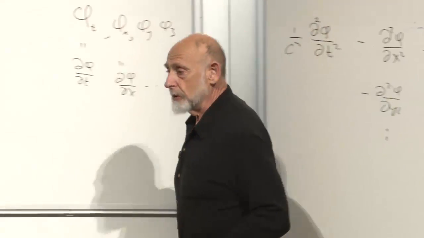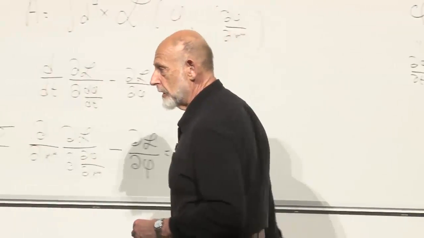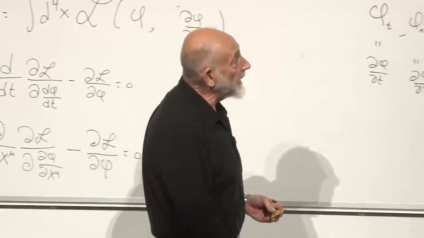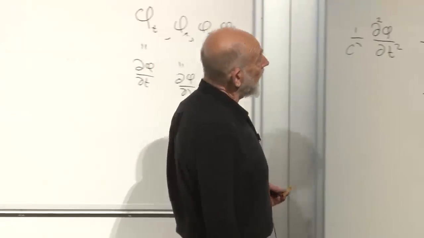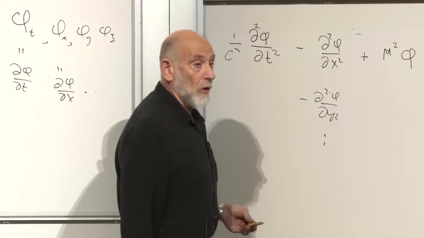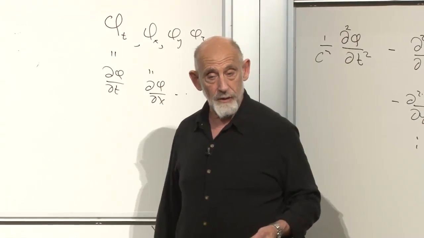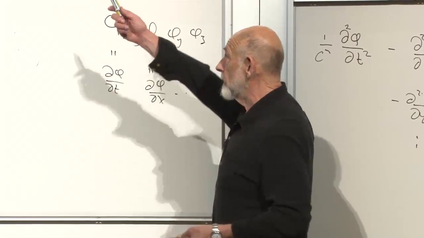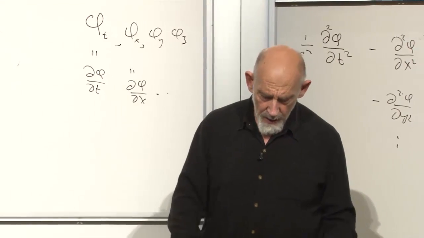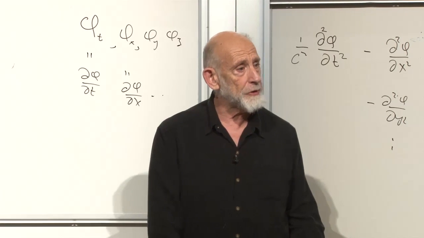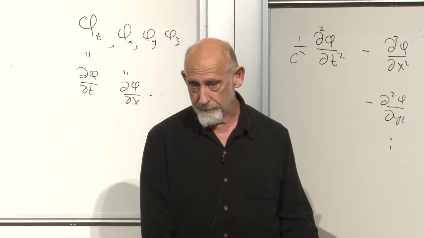The first is that the action is always an integral. For the case of a particle, it's an integral along the trajectory. Here it's an integral over space-time. The other principle is that the action should be the same in every reference frame.